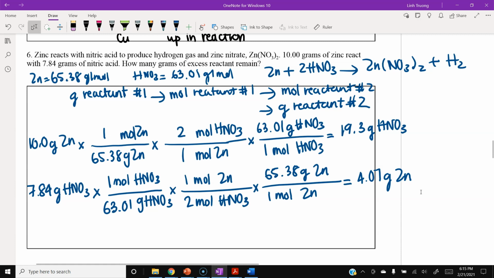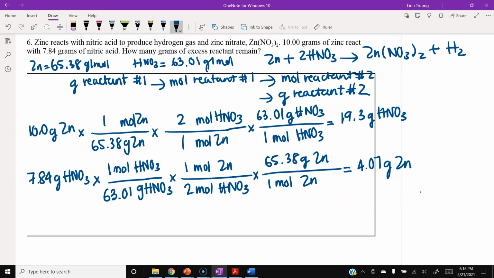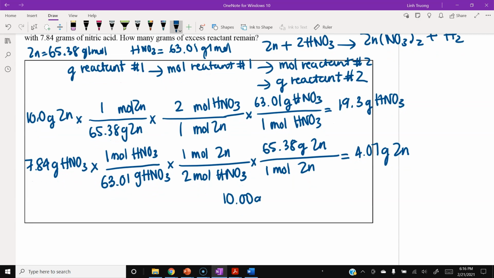Now this takes us to the last step of this calculation. I'm going to subtract 10 gram of zinc, which is what we have at the beginning, minus 4.07 gram, which is what we actually needed, and the answer to that is the excess reactant that remains.